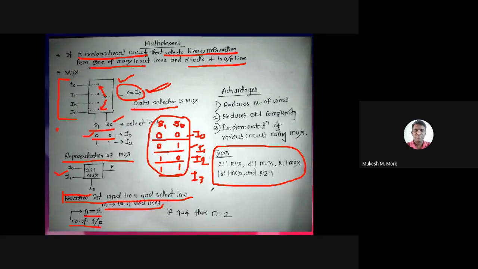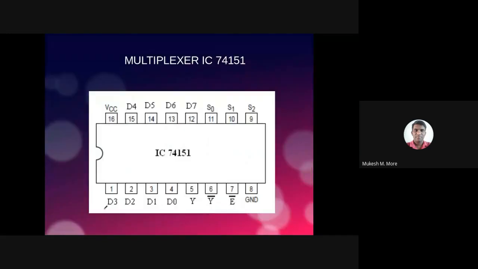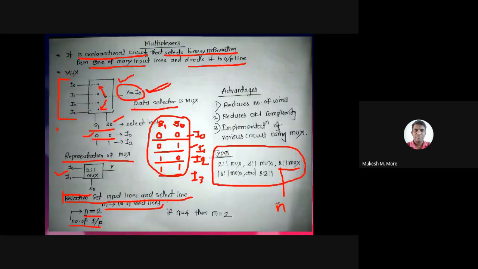Suppose we have an 8:1 mux. So 8 is the value of your n. Now what is the value of m? 2 raised to m equals n, and the value of n is 8.